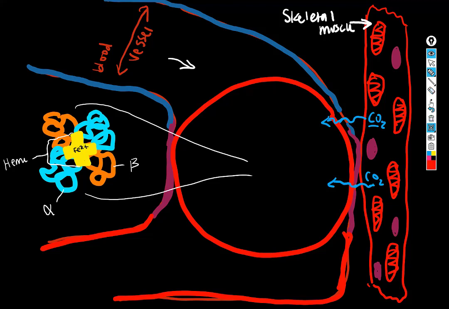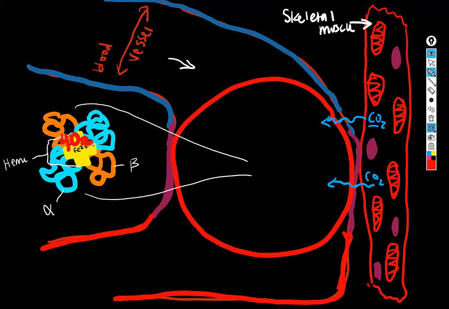So if this little guy is actually carrying oxygen, each hemoglobin can carry specifically 4 of them. So 4 O2, or 8 total atoms of oxygen.